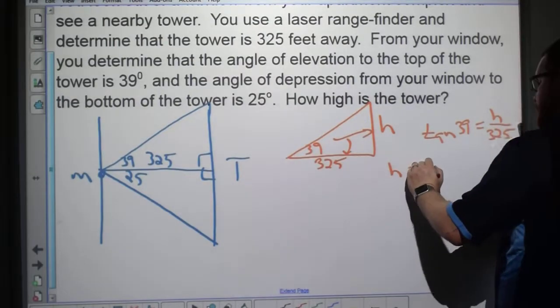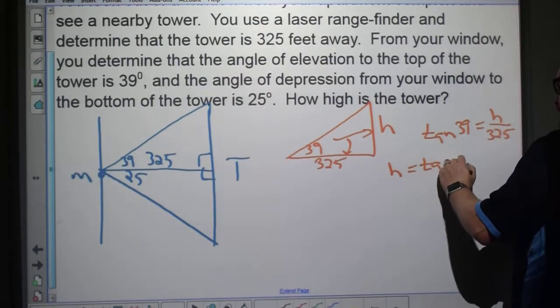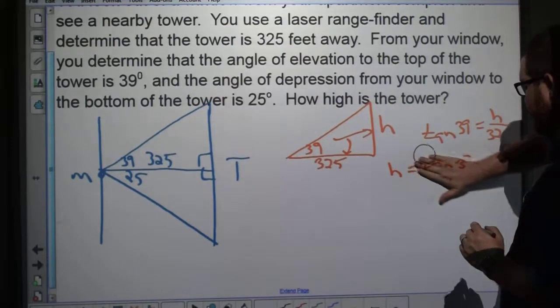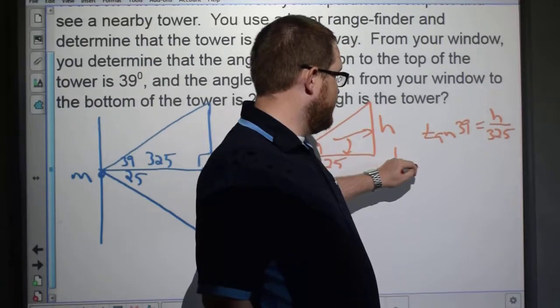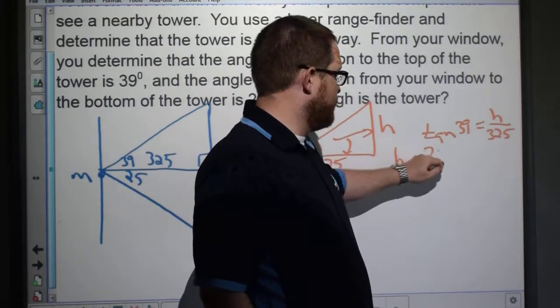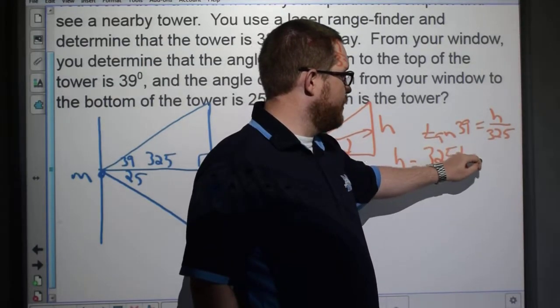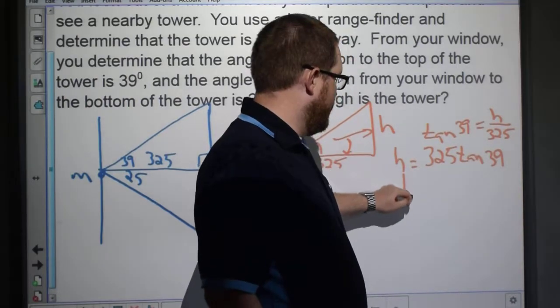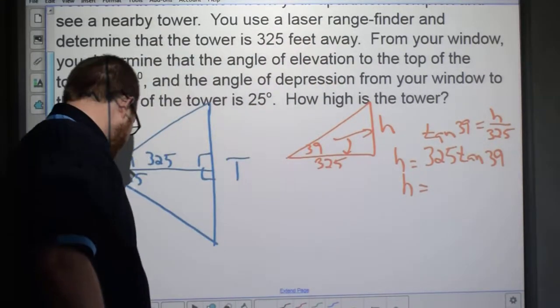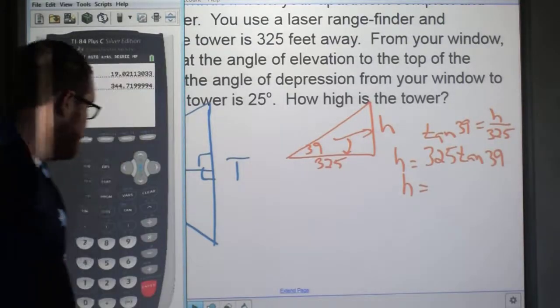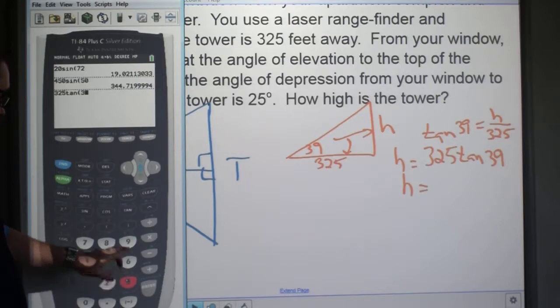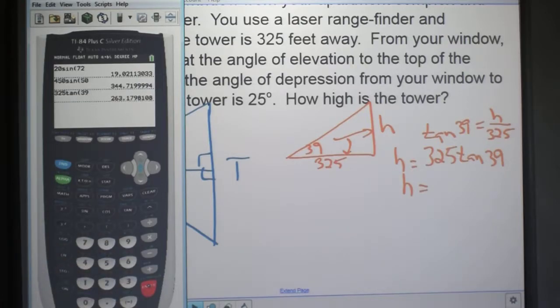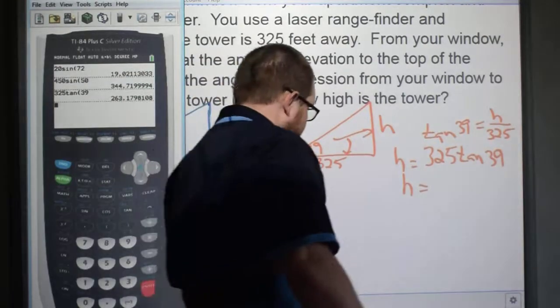So in this case, h equals 325 times the tangent of 39. Let's get a calculator out to help us. 325 tangent 39 is 263.180.